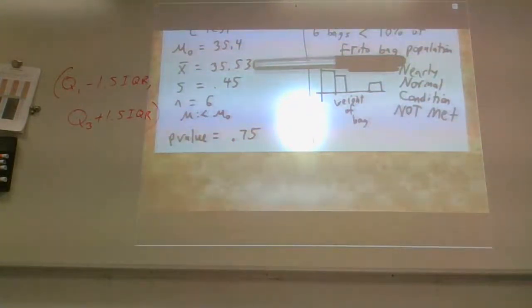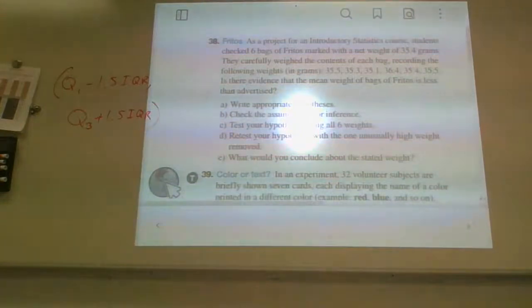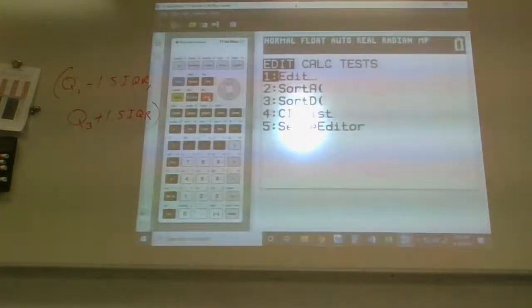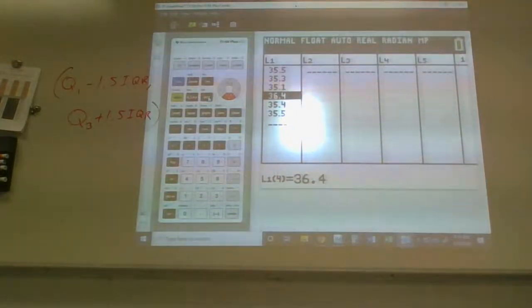Now I'm going to speed up a little bit because of the time. Test the hypothesis using all 6 weights. Yeah, I would fail to reject that. But retest your hypothesis with that one weight removed. Again, on the calculator, make sure you know how to do this. I would go back into my list, go to the presumed outlier, which you can prove is an outlier using what I wrote on the board.